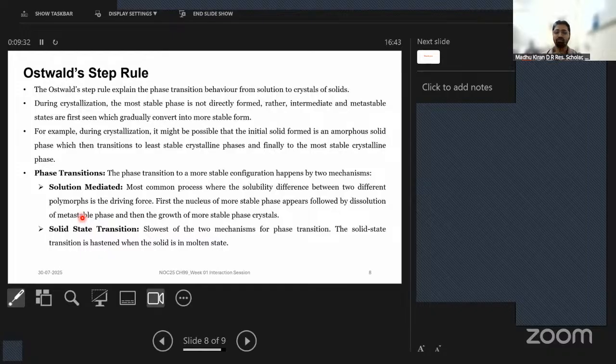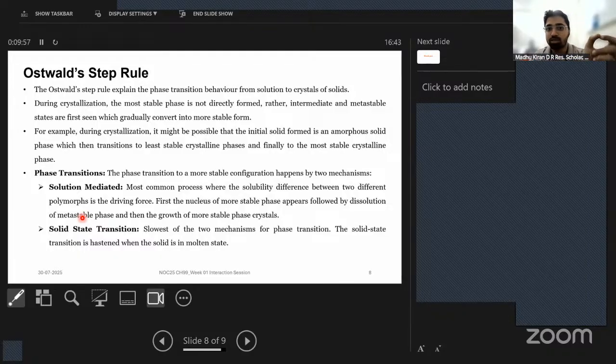And there is another one which is the solid state transition. This happens usually very slowly because there is no solvent to fasten the process. And this solid state transition can be fastened when the solute is in molten state. If we melt it, the phase transition can happen much faster compared to just solid sitting there.